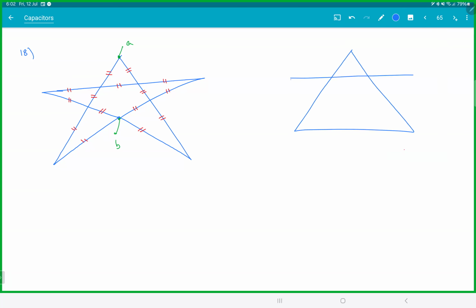If you don't like this star, we can have another star. This is A and this is B. You can also have this is X and this is Y. So find CAB, find CXY. Each segment is capacitance C. Let's get the stars.